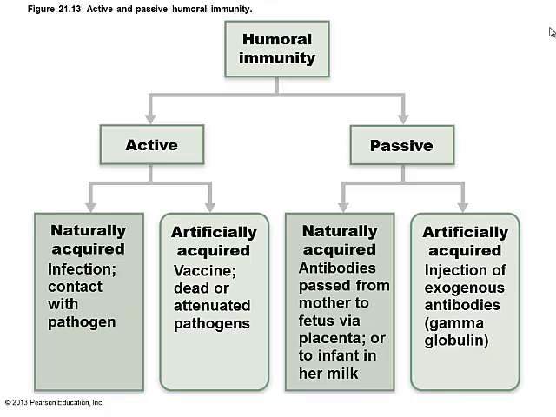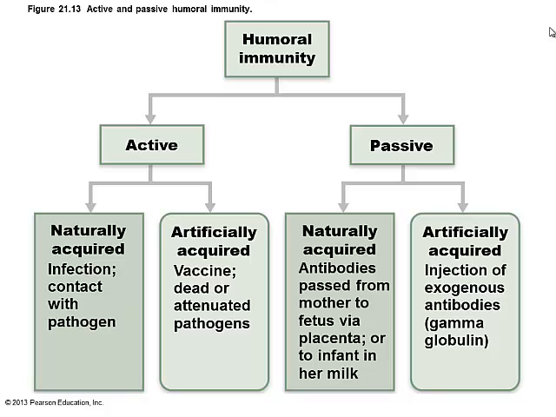Then we can passively do this. We can naturally acquire passive antibodies via mother-fetus interactions. So across the placenta, in mother's milk, mom can give me antibodies and help me fight off any foreign invaders that might come in. We could also take antibodies and inject them into you.